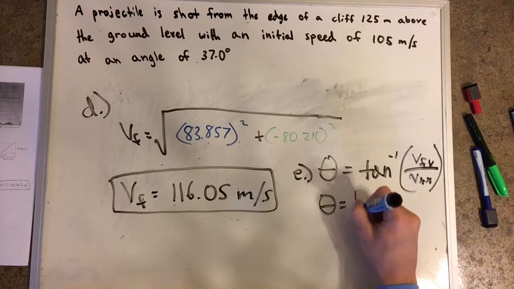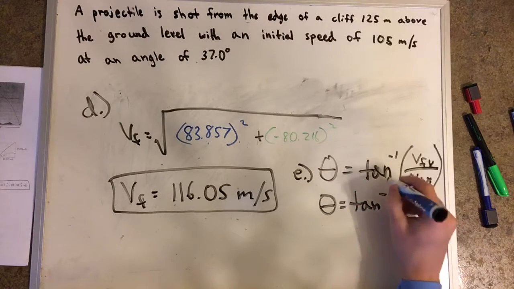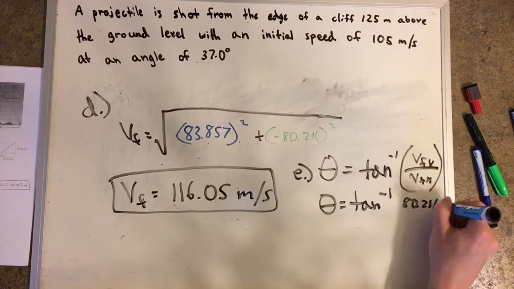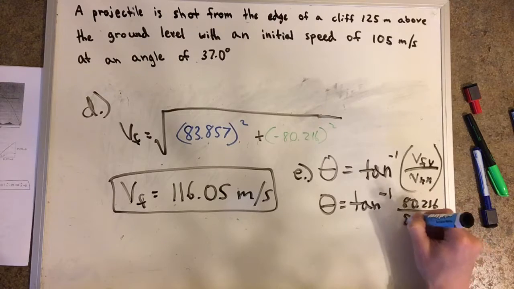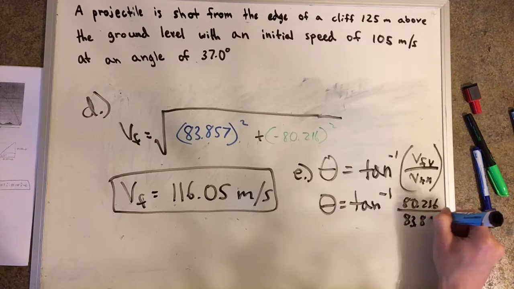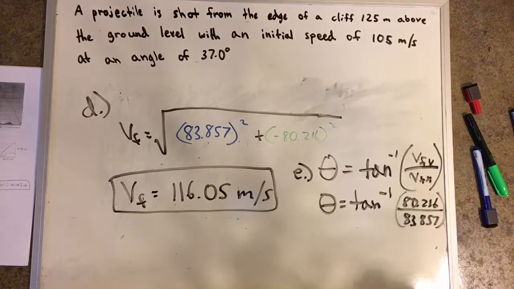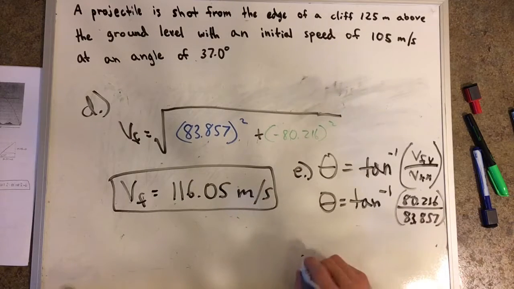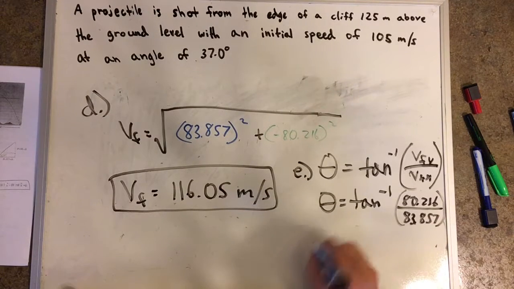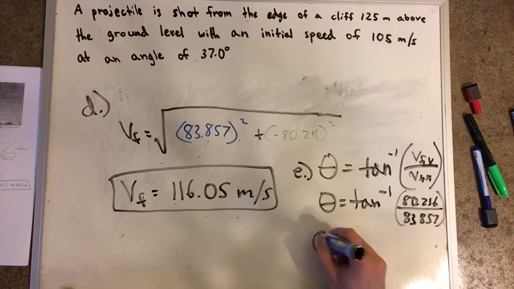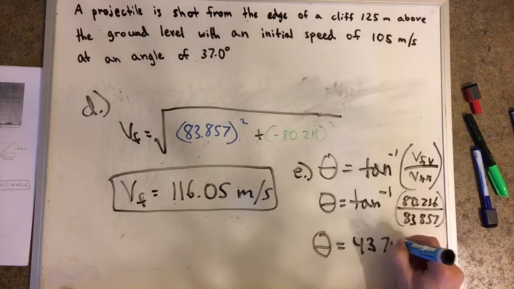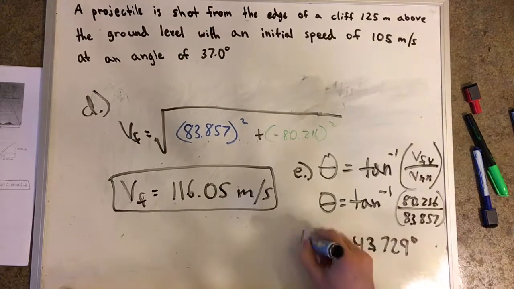Theta equals inverse tangent 80.216 divided by 83.857. Here, you don't need to worry about the negatives because it'll work out in the end. To get the answer, you plug it into the equation, you get angle to be 43.729 degrees.